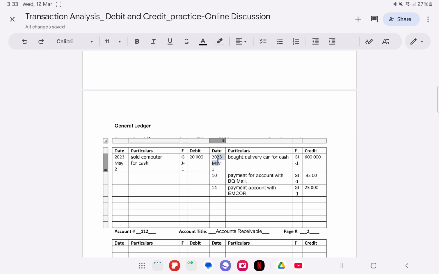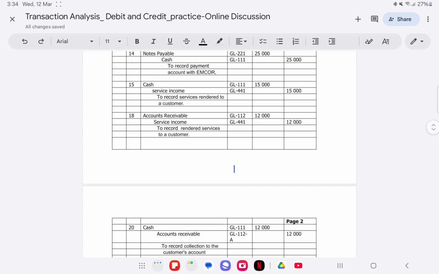You should write only once the year in the page. Then the dates should be in systematic, chronological order. Okay, so we are done with the credit of transaction number 14.